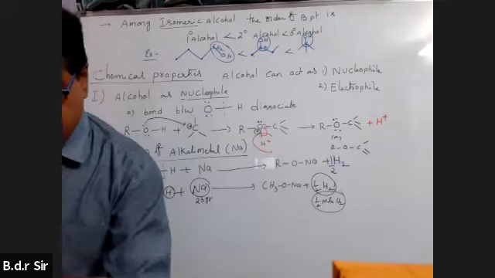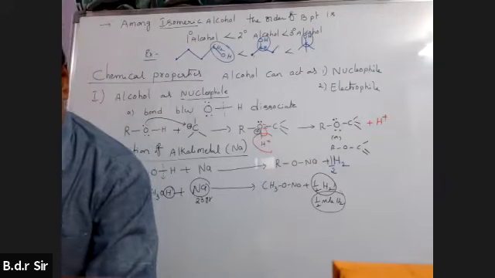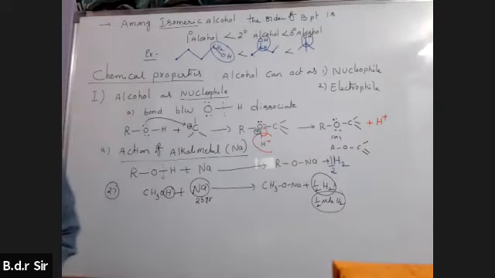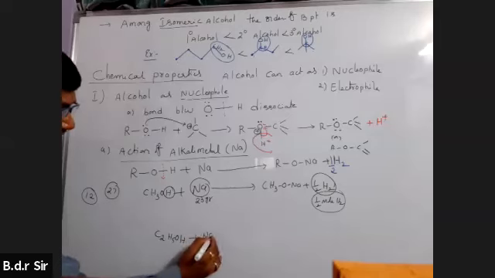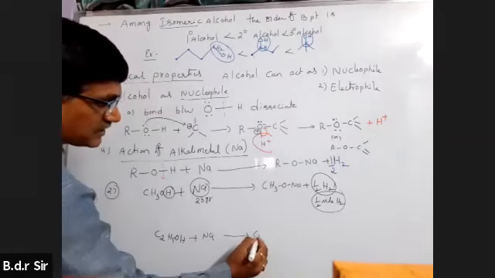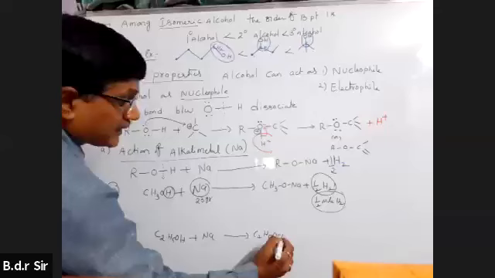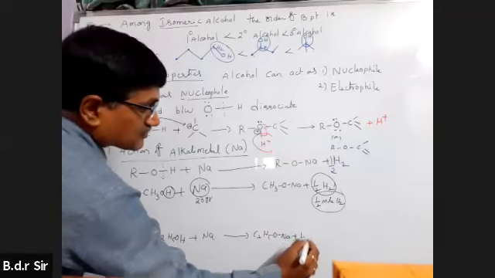Second model, bit number 12. Observe this bit number 12. C2H5OH reacts with sodium metal and gives C2H5ONa plus H2.